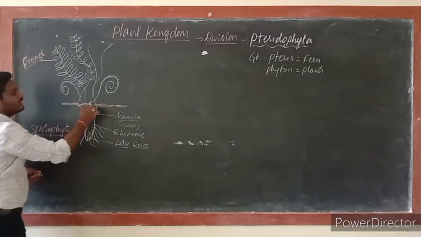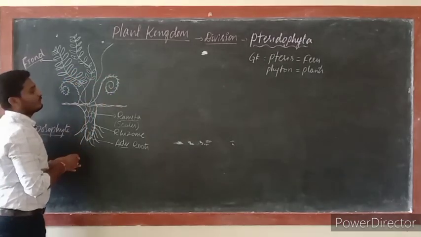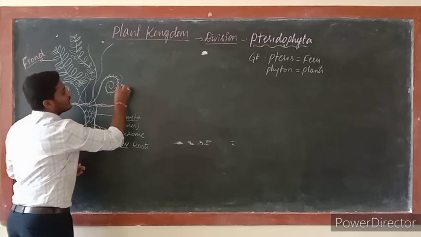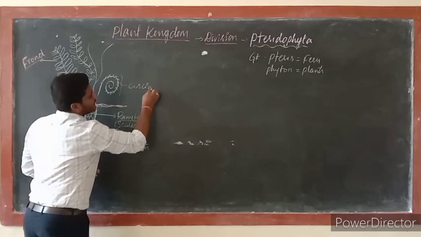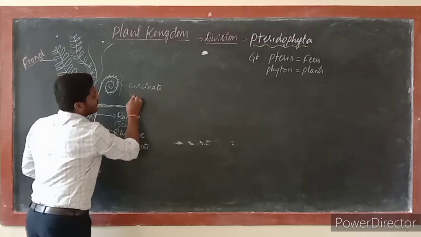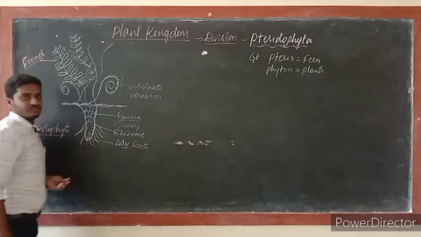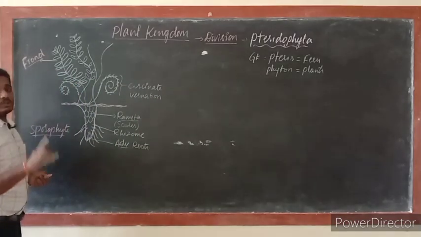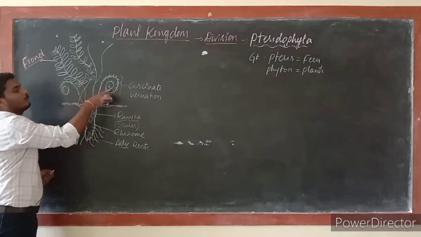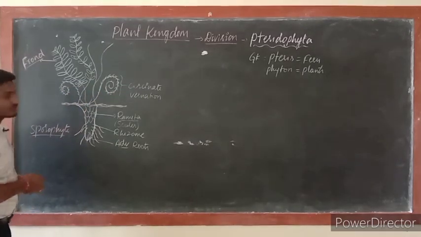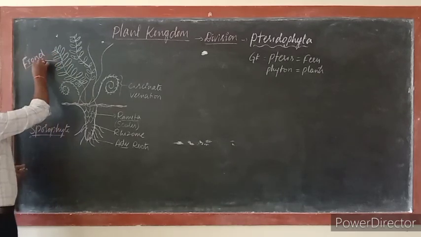The young leaves, which show inward coiling, exhibit what is called circinate vernation. During the young condition, leaves show inward folding, called circinate vernation, and when mature they are called fronds.